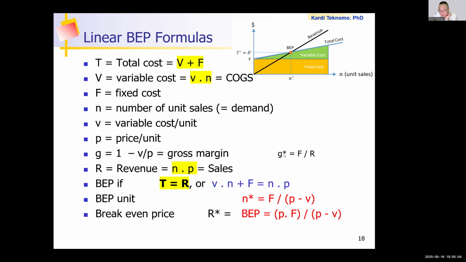This is equal to the fixed cost divided by the revenue.